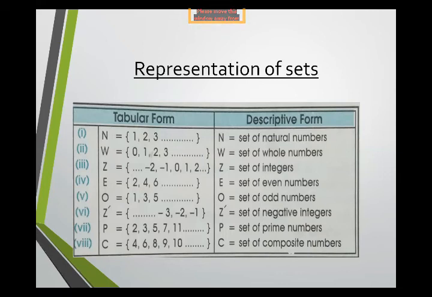Now the next one is E. Even numbers are denoted by capital E. E is equal to 2, 4, 6, and so on. As you know, class, what are the even numbers? Even numbers are those which are divisible by 2.